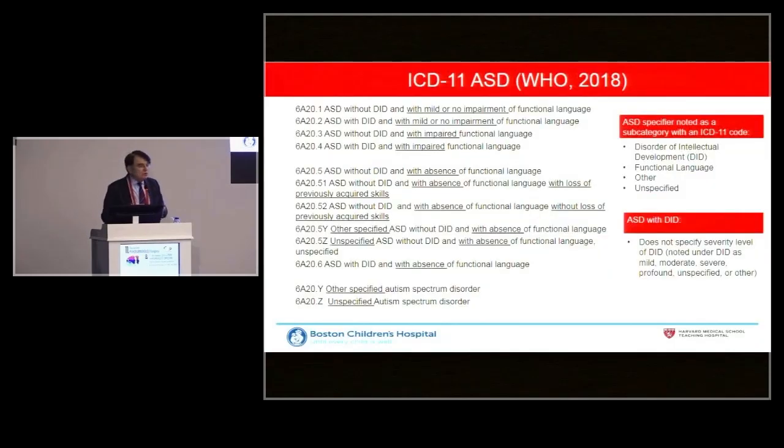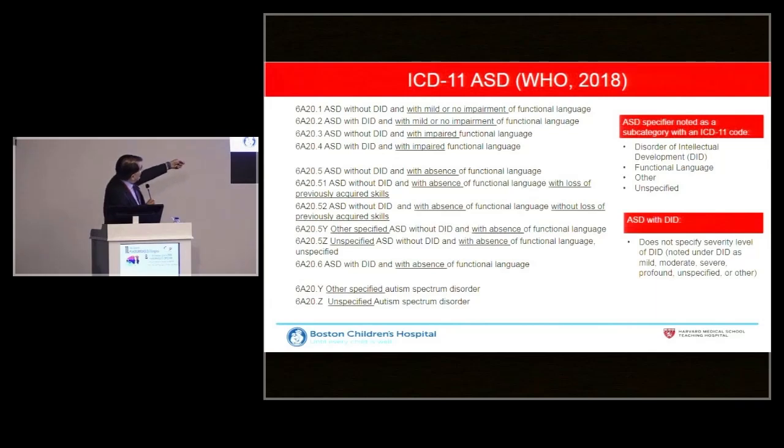Now, the ICD-11, for those of you who are waiting to use it, I know in Turkey you use the DSM-5, but the ICD-11 is actually going to be very helpful, because it indicates these different codings that include mild or no impairment of functional language, and absence of functional language.